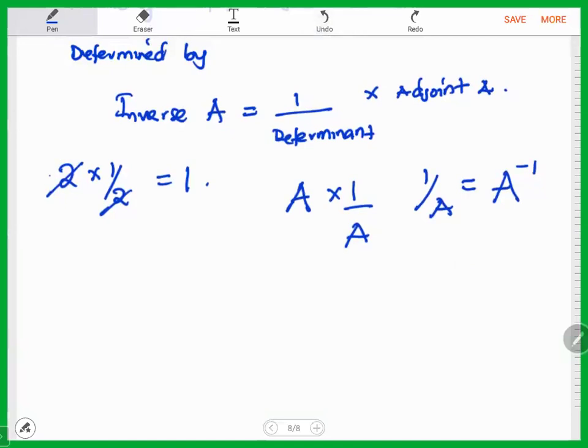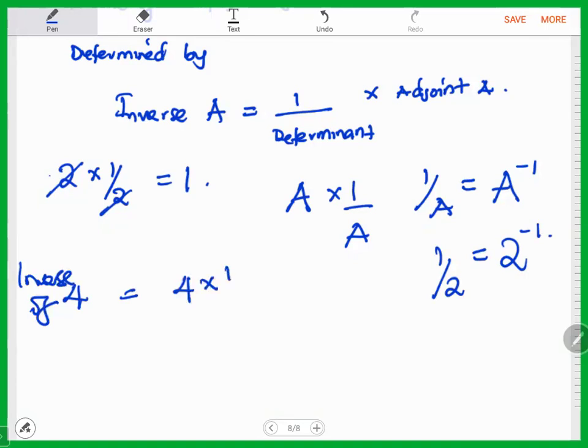We have 1 over 2. This is the same as 2 to the power -1. So the inverse of 4 shall be 4 times 1 over 4, which gives me a 1. Always, as long as you multiply a value with its inverse, you must get a 1.